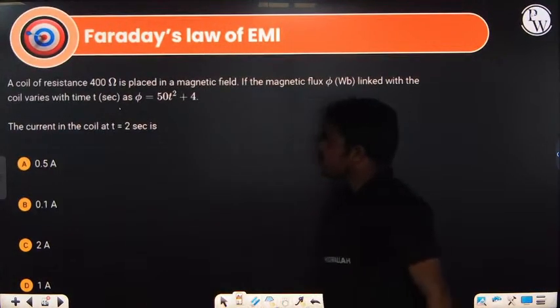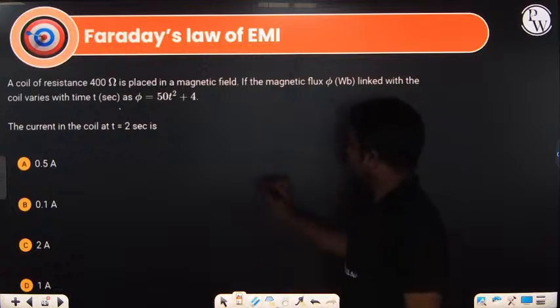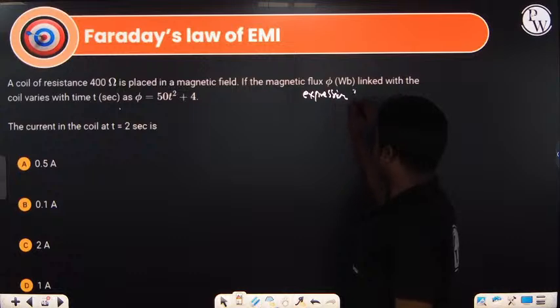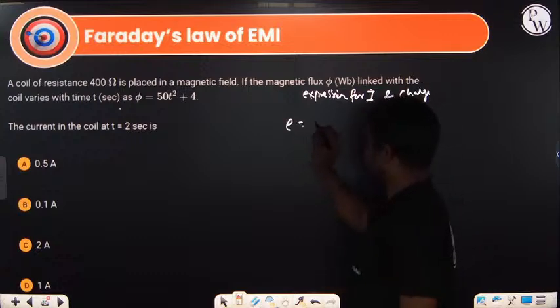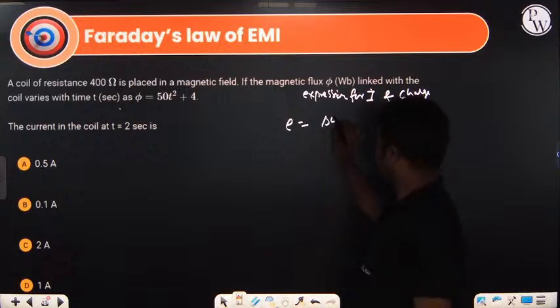Next we have a coil of resistance 400 ohm. So you can note down the expression for the induced EMF, the current and the charge. What is EMF? Delta phi by delta t or d phi by dt.